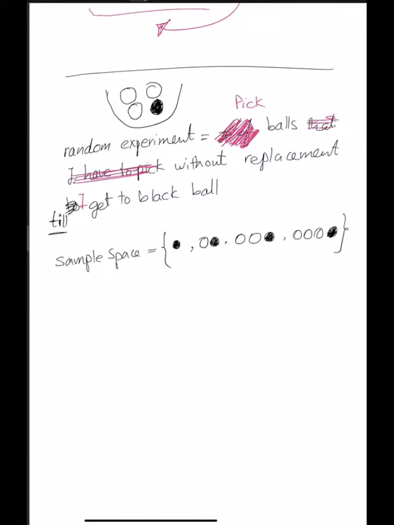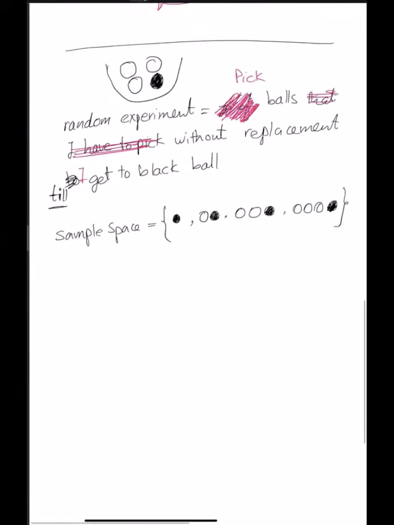That's my experiment. So I correct myself: my random experiment is pick balls without replacement till I get to the black ball. So these are possible outcomes.